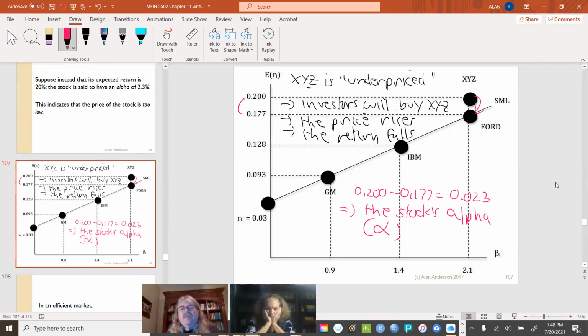And so if you buy stocks and you earn alpha like this, that means you are beating the market. You are finding bargains. And in fact, on Wall Street, a lot of portfolio managers actually are compensated according to the alpha that they create. That means they bought stocks that ultimately proved to be undervalued.